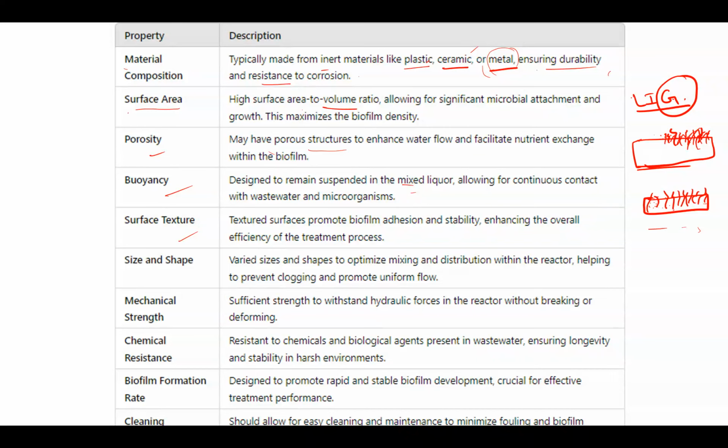You can read how to texture the surface by different methods. Also mechanical strength: the carrier should have good mechanical strength so that it can withstand the hydraulic forces. And also chemical resistance, that's also an important point.